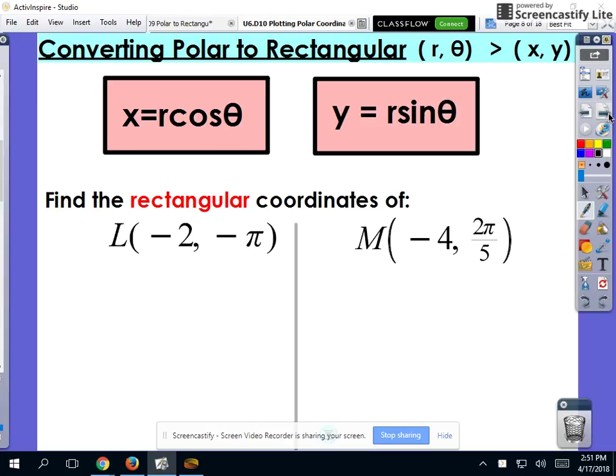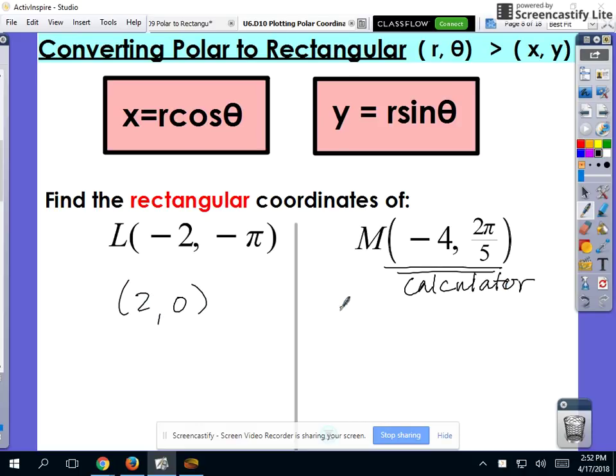Okay, so we have -2, negative pi, and we have, well, this one you needed to use your calculator for. Sorry to not say that. For the first one, you should have gotten 2, 0.